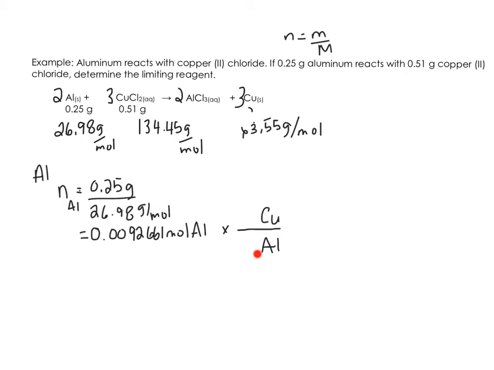So this aluminum down below cancels this aluminum up top. And there's 3 copper for every 2 aluminum. So if I calculate this, we end up with 0.013899 moles of copper.